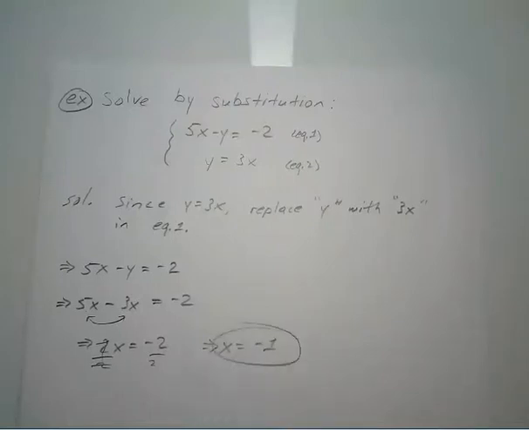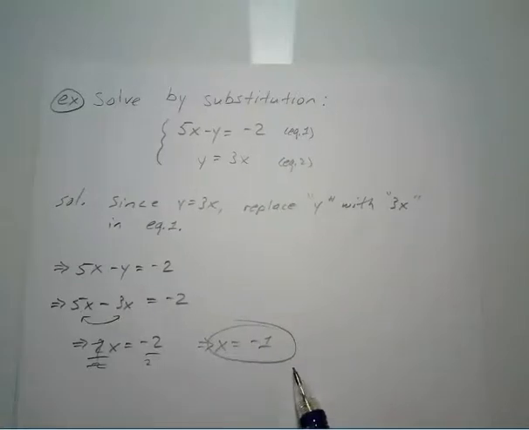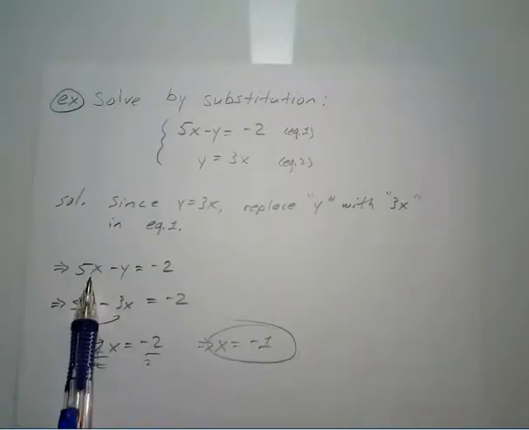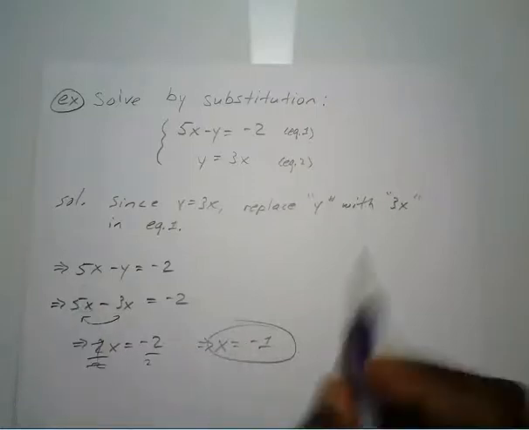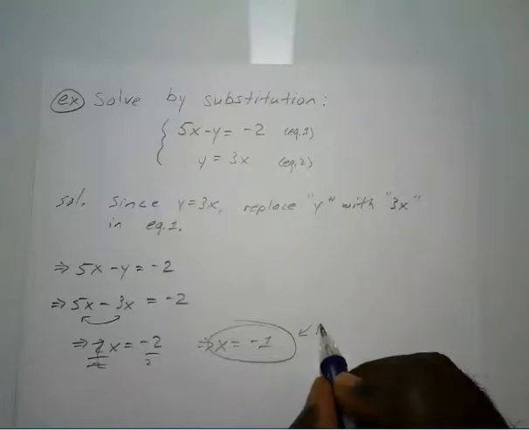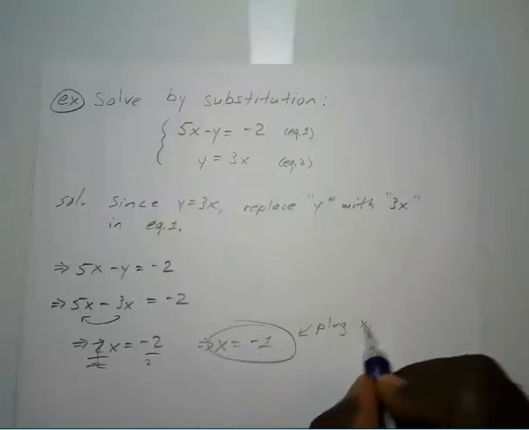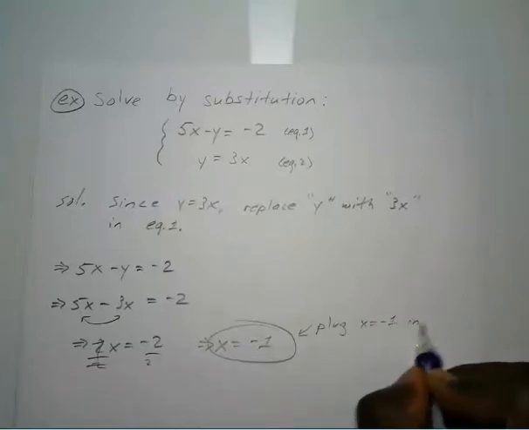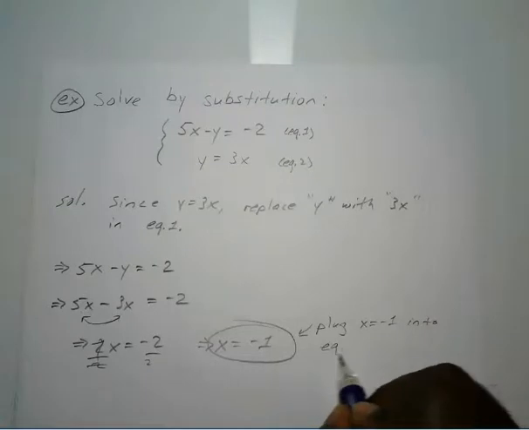Just like before, as soon as we solve for one of the variables, we plug it into the other. Since we started with equation 1, we plug this into equation 2. So plug x equals negative 1 into equation 2.